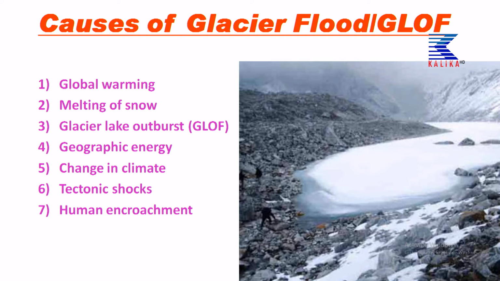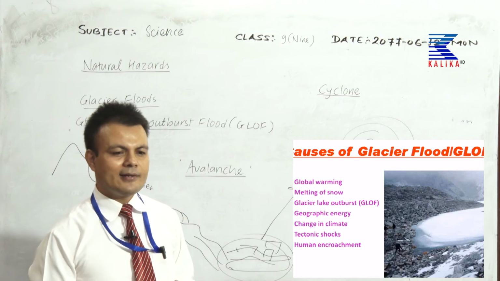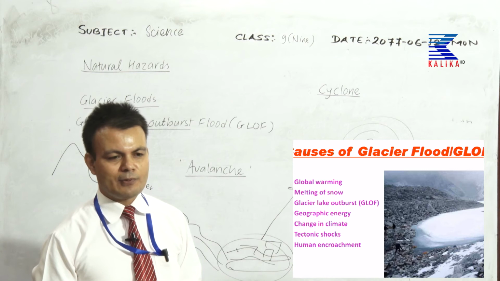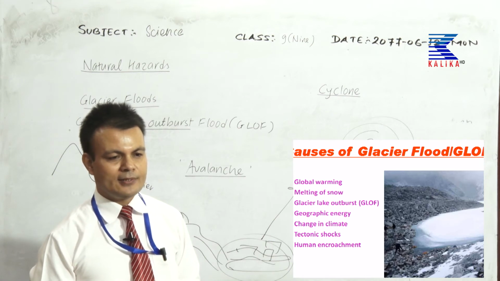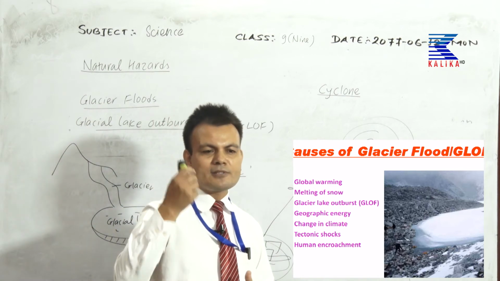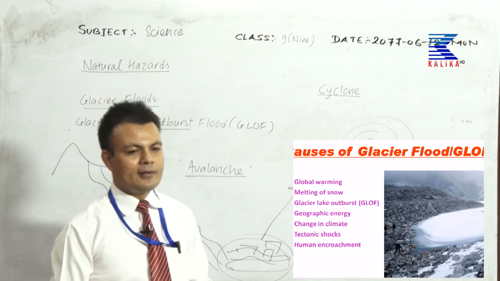Change in climate means global warming increases the temperature. Tectonic shocks mean the bedrocks move up and down, rightwards and leftward. So that causes movement of the geography or Himalaya, and that may cause the explosion of the glacial lake. Likewise, it may cause an increase in the temperature of the Himalaya that causes rapid melting of the snow.